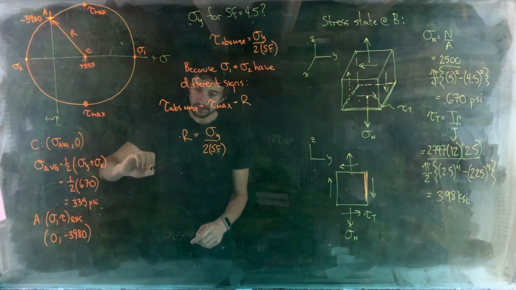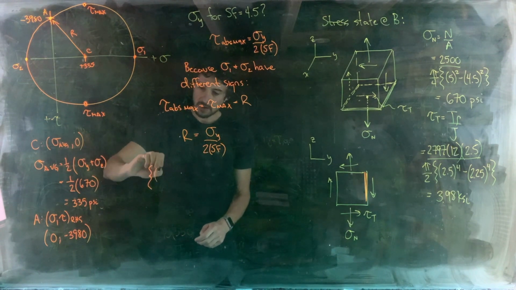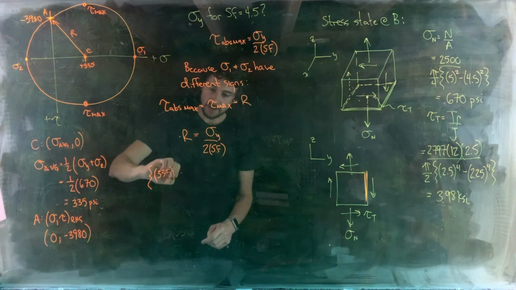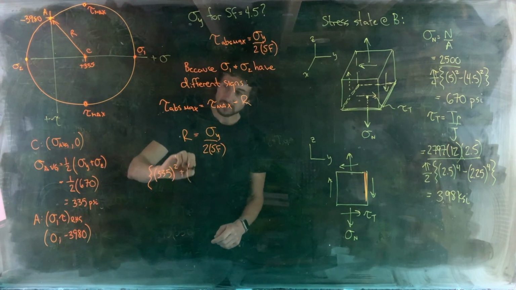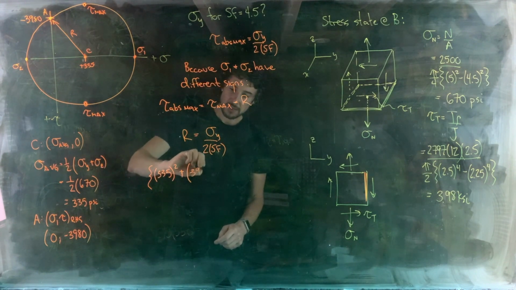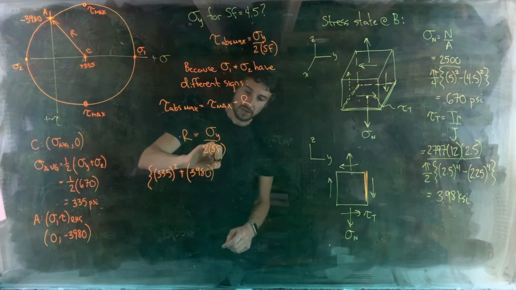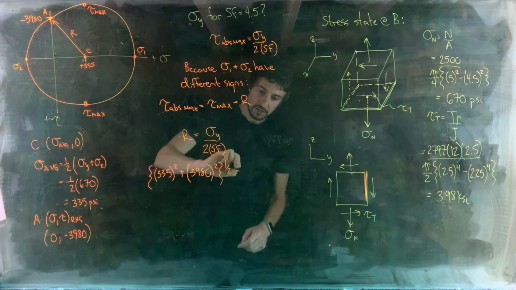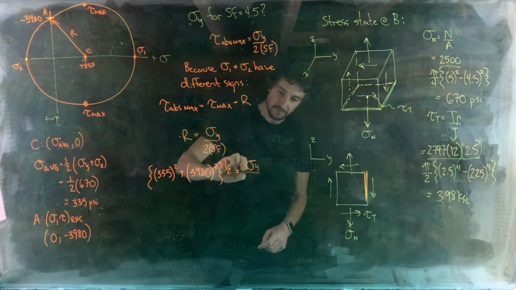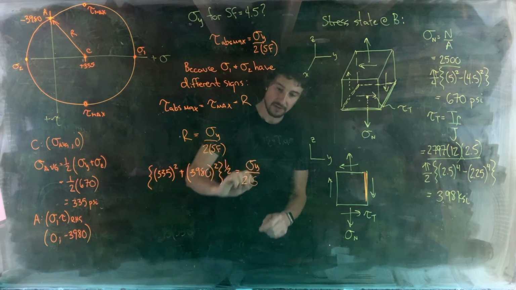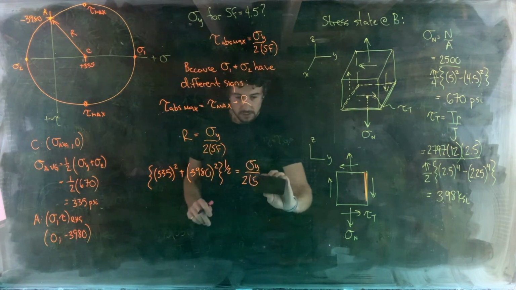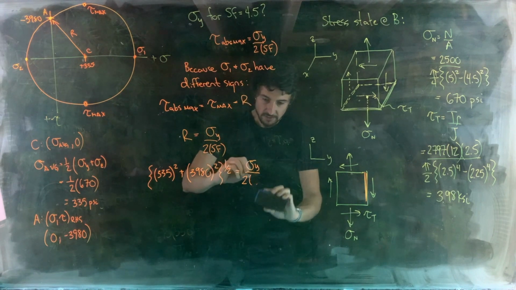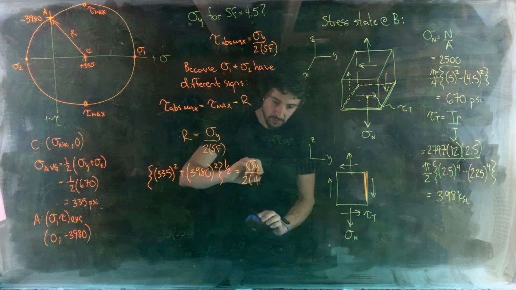So we've got the square root of 335 squared plus 3,980 squared equals sigma y divided by 2 times our safety factor, which is 4.5.